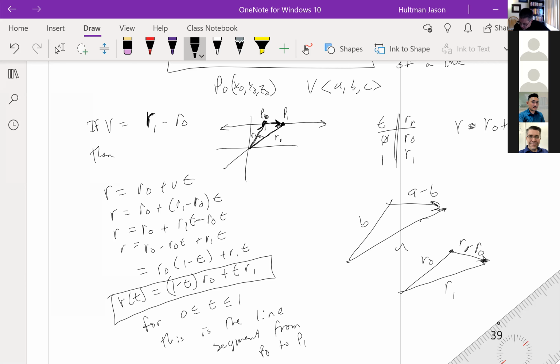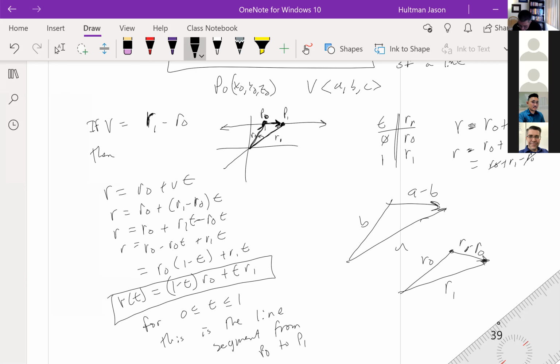So at t equal to 1, we get r equal to r naught plus v, but v was r1 minus r naught, times 1. So this checks out: the r naught cancels out, and I'm just left with r1.